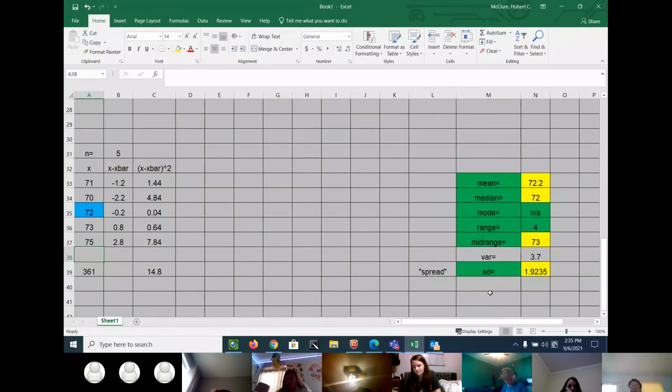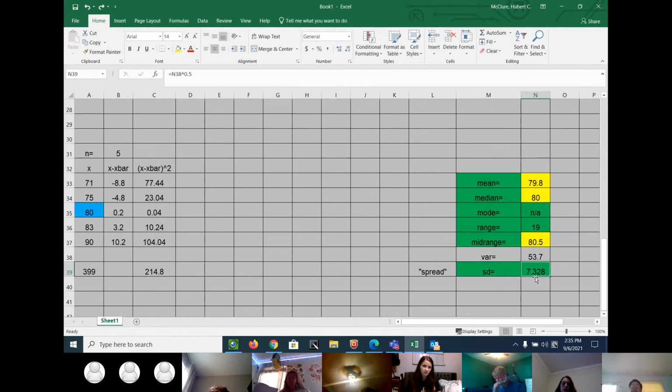So what happened to the measures of center? They got closer to each other, didn't they? Yep. Let's go back. All right, everybody see the numbers? 79.8, 80, 80.5, and 7.3.